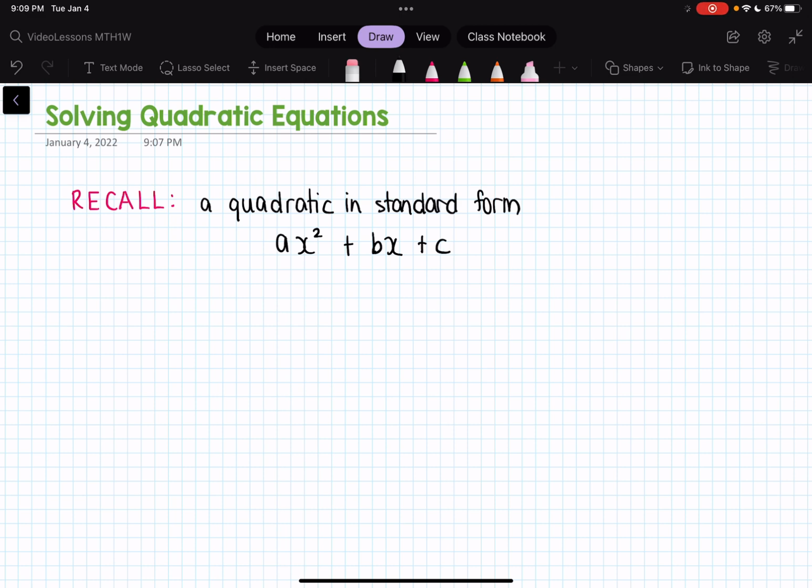Now, we've only been looking at when we have a being equal to 1, but this is still what a quadratic in standard form looks like.